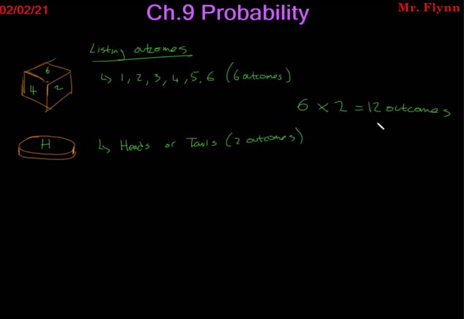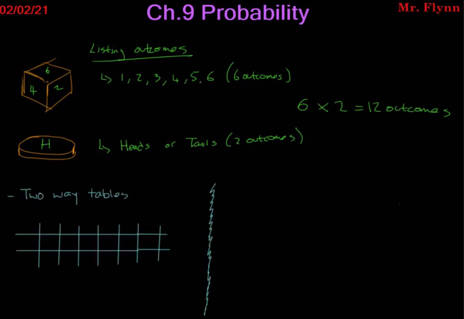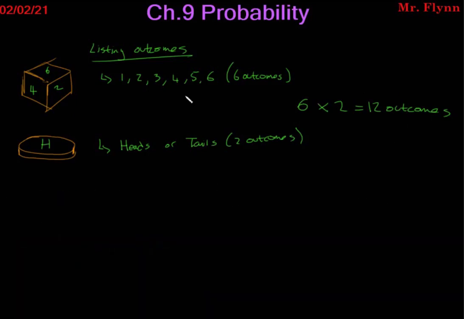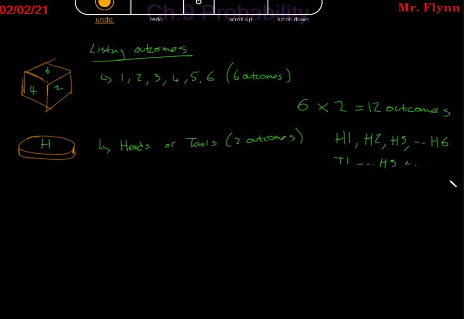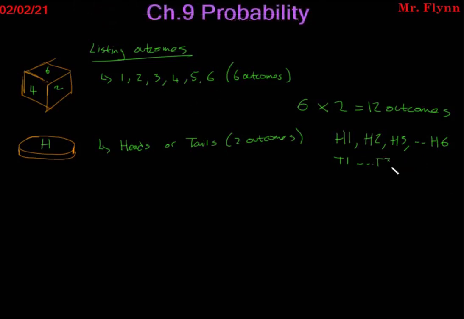If we were to list those, you'd be listing them such as: a head and a 1, a head and a 2, a head and a 3, all the way on to a head and a 6, a tail with a 1, all the way on to a tail with a 3, all the way on to a tail and a 6.